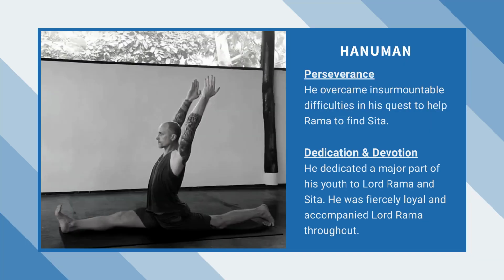He has dedicated such a major part of his youth, of his life, to helping Rama and Sita that he exemplifies these qualities. You get to witness what it's like to be dedicated and devoted. And it takes these qualities to practice Hanumanasana, the pose, and you learn these qualities through the practice of the pose as well.